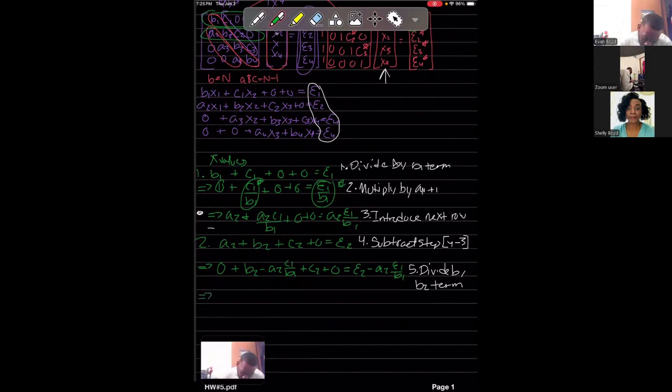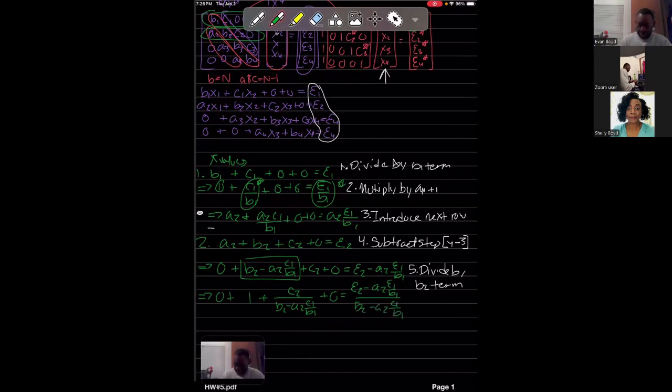This will give us 0 plus now 1, because we're dividing by this here, plus a wacky number of C2 divided by B2 minus A2 times C1 divided by B1 plus 0 is equal to this big form of epsilon 2 minus A2 epsilon 1 over B1 divided by B2 minus A2 times C1 over B1. Now let's scroll up a little bit.